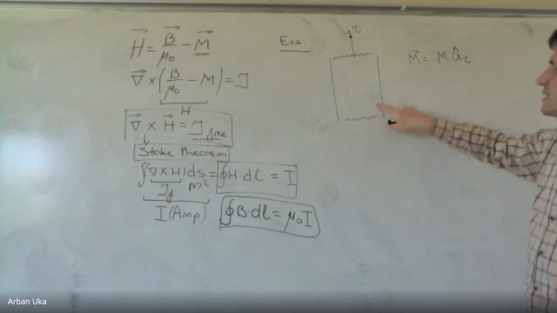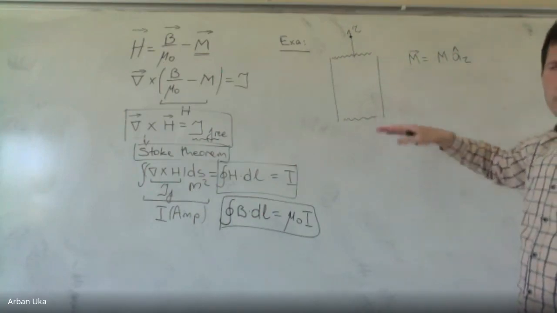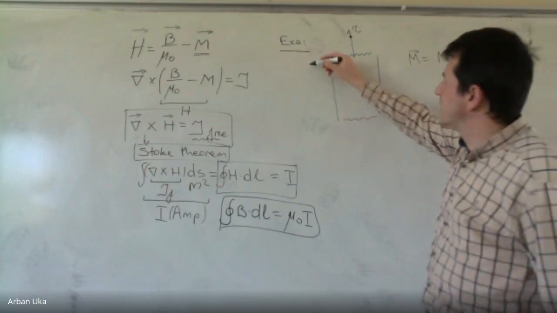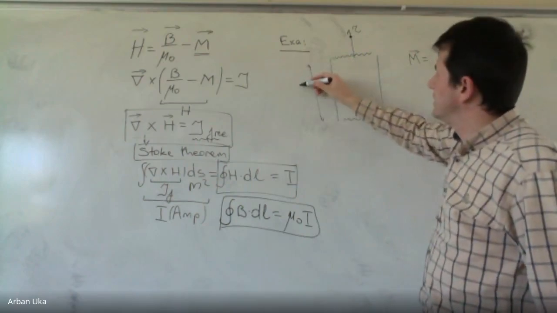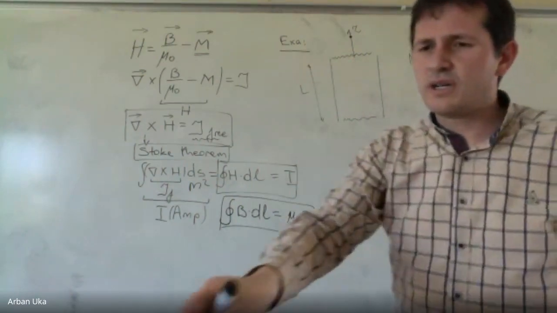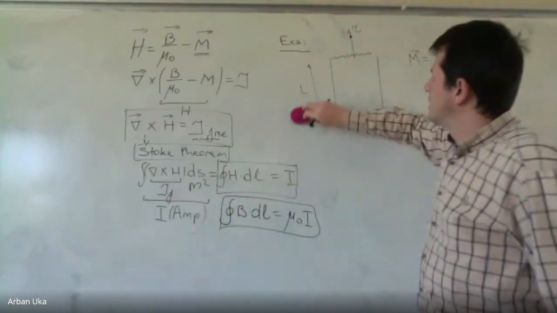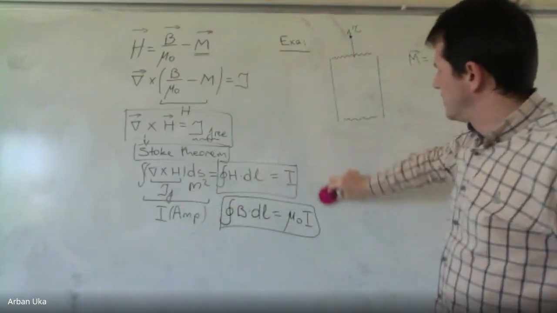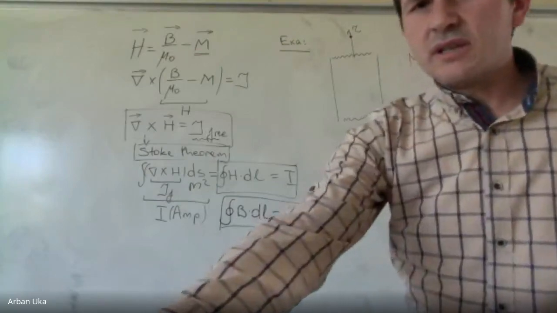Now this problem is changed slightly. We assume that this cylinder is infinitely long. It's not limited. We cannot assign a clear length L, so we cannot do this one now. If you go over your notes, this example is going to be slightly different.